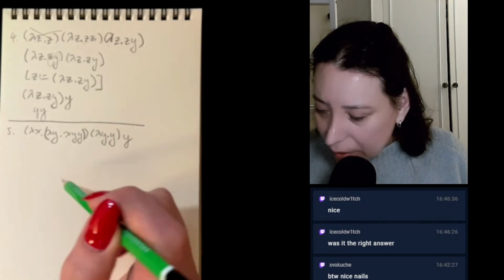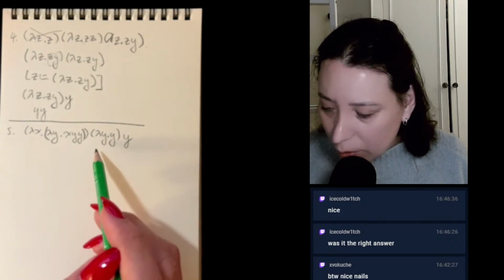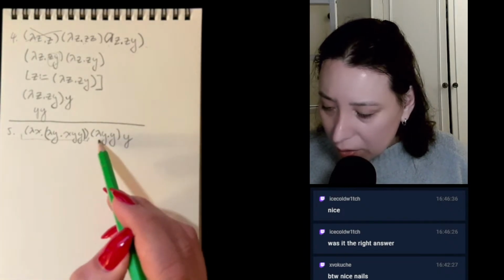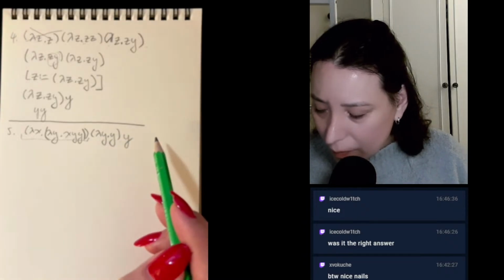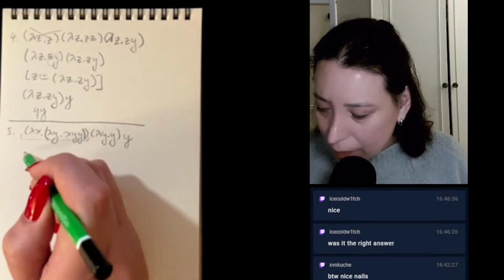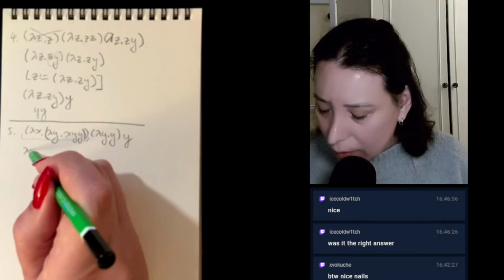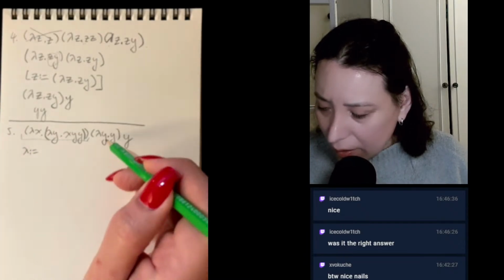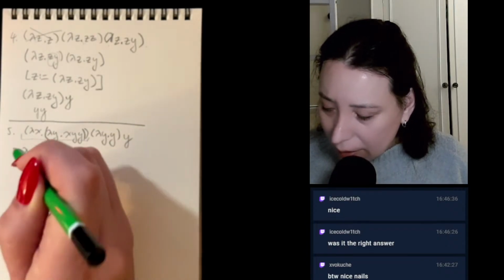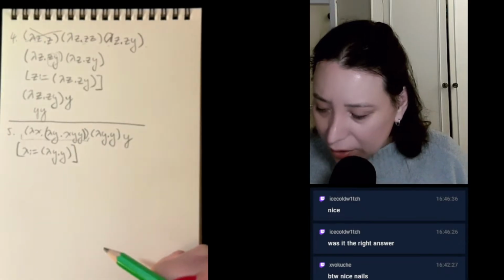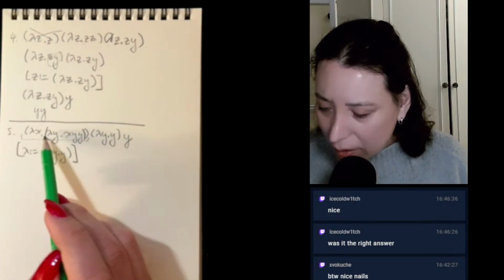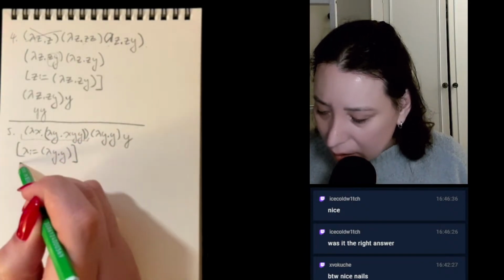All right, so the first thing we do here is we always go left to right. So we're going to apply this function to this argument. So we're going to say x is assigned this identity function. So whenever we see x in this body, we're going to replace it with this. So here we go.